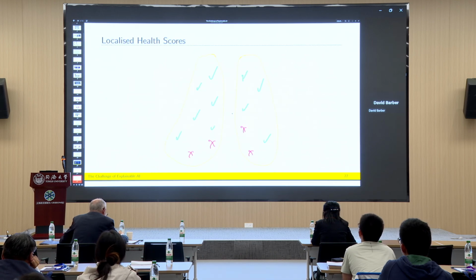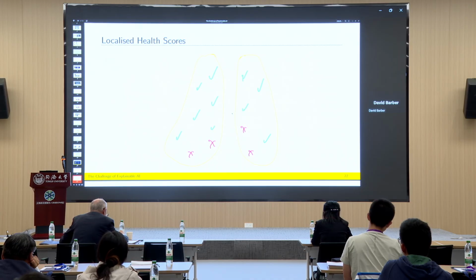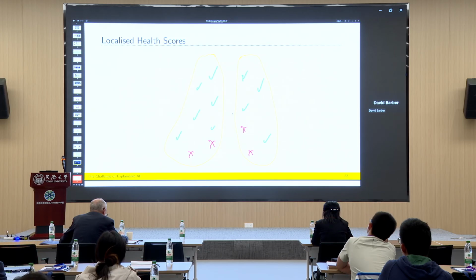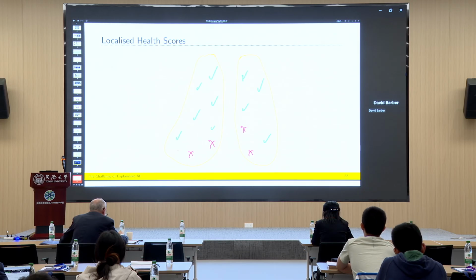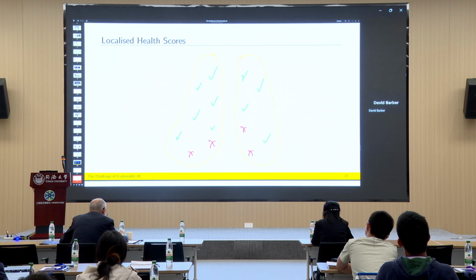I'm not going to go into the details, but I'm just going to give you a sense of what we did, which is we tried to make a model which has interpretability built into it. This is based upon how we think doctors look at your lungs. They say, okay, this bit of your lung is fine, this is fine, this is fine, but this bit here doesn't look good, and maybe this bit's not good, and that's not good.